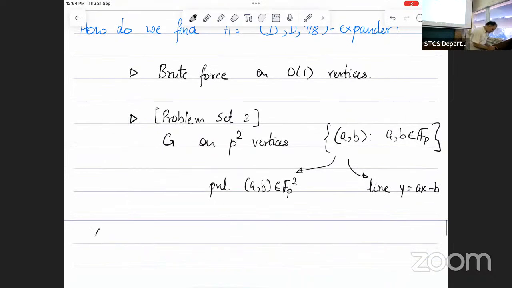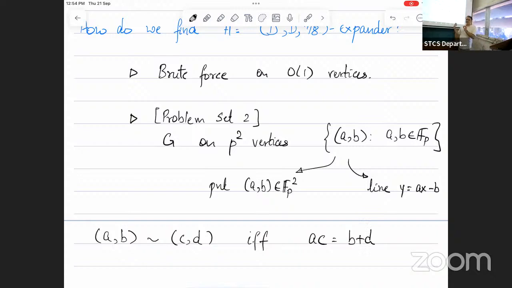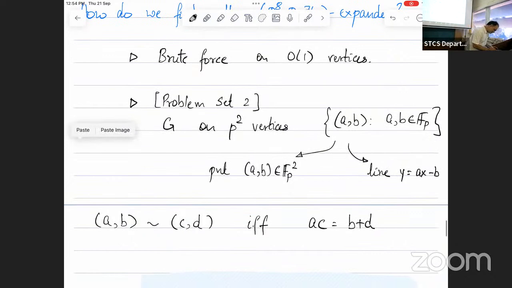And what is the connectivity? I connect a comma b with c comma d if the following holds: I want ac to be equal to b plus d. So that it's a symmetric relation, where ac equals b plus d. And you can interpret this as saying that the point a comma b lies on the line c comma d.